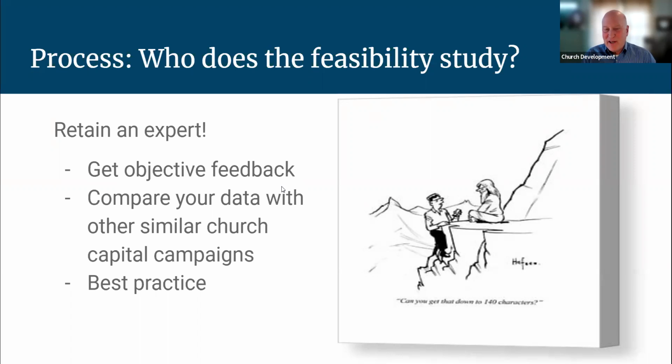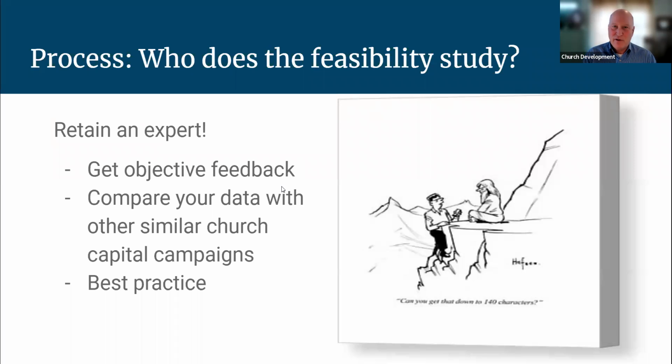I like this cartoon. The small print says, can you get that down to 140 characters? And I like that because I am guilty of that so badly. And my wife reminds me, brevity is a virtue. So I try, so you'll get this thick report that's got a lot of data, and the value of expertise, according to Malcolm Gladwell in his book, it does take 10,000 hours to become an expert.